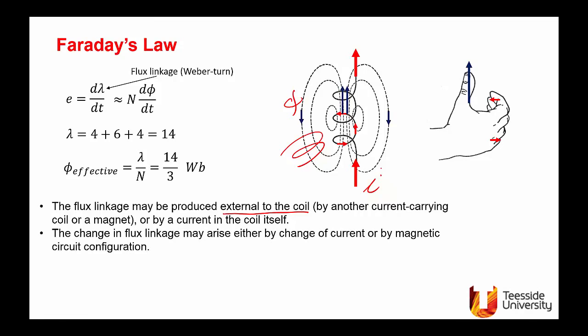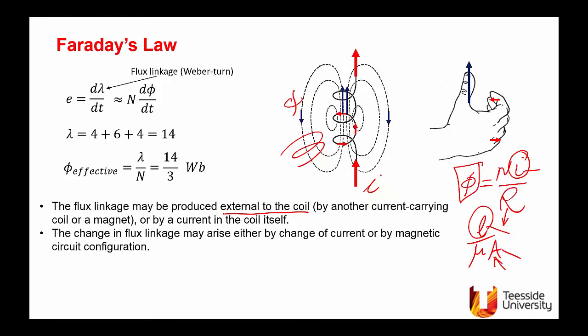Because if you remember from the magnetic part earlier in this series, we found that phi is the magnetomotive force Ni over the reluctance R. This reluctance is L over mu A. L is the length of the flux path, A is the cross-section area perpendicular to the flux lines, and I is the current of the coil. So you can change the geometry, A or L, or you can change I, and that will produce a change of phi and the flux linkage.